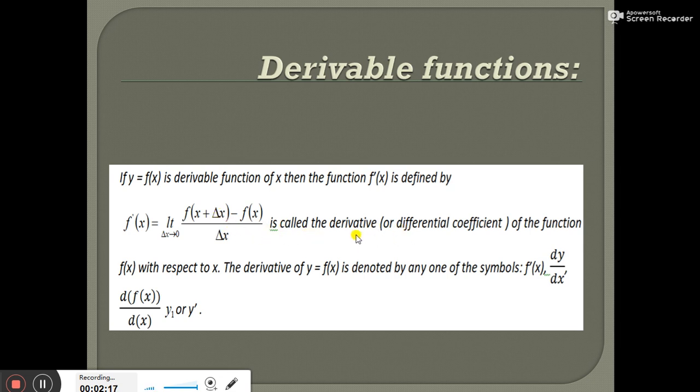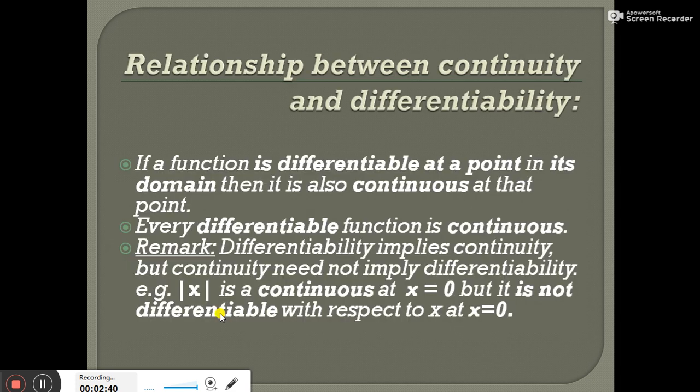This is known as the differential coefficient or derivative of the function f(x) with respect to x. The derivative of y equal to f(x) is denoted by any one of the symbols f dash x, dy by dx, d f(x) by dx, y1 or y dash.